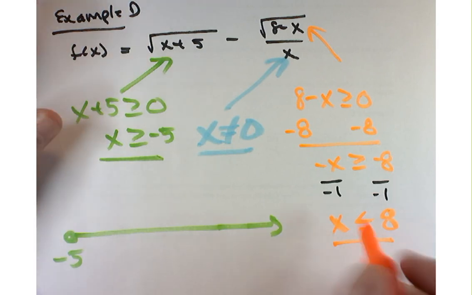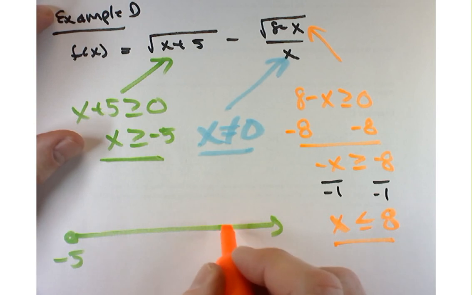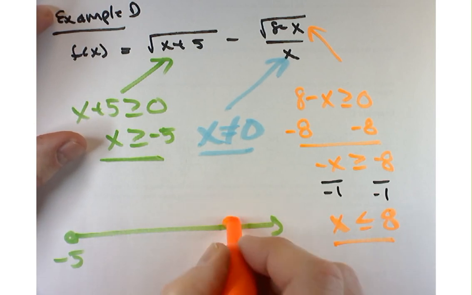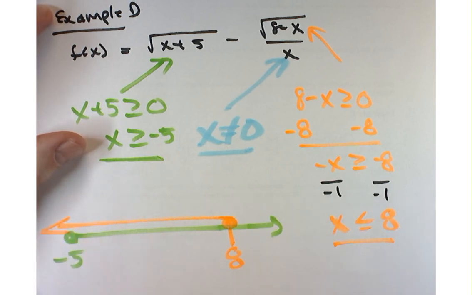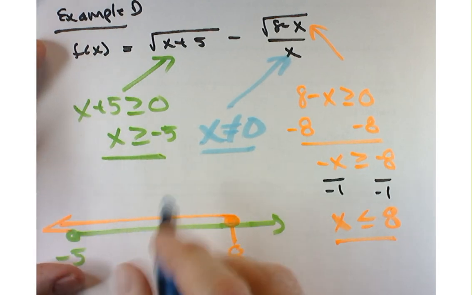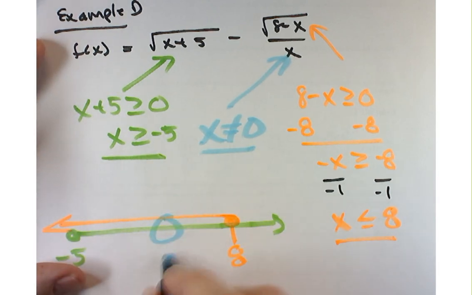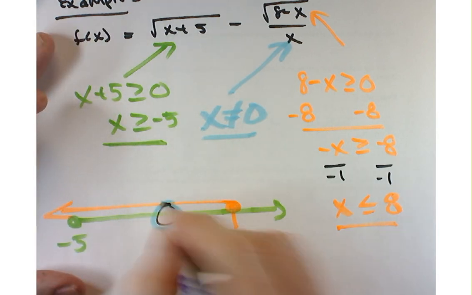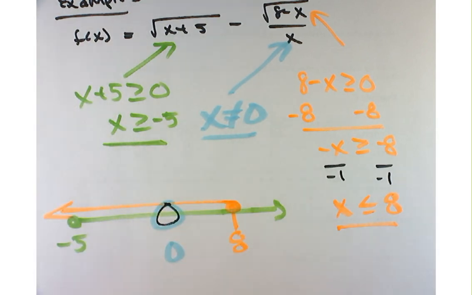And then I want x less than or equal to 8. Solid dot here, arrow to the left. I think I can see where these are overlapping. And a hollow dot at x equals 0, because it can't equal 0. So let me make that a little bit more clear that I'm omitting that point.